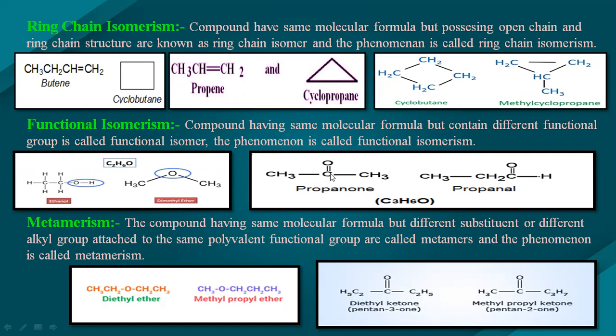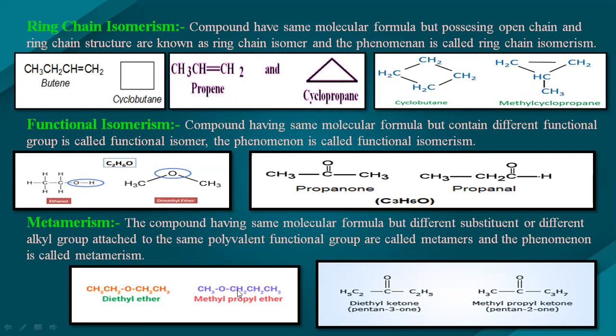Now come to metamerism. What is metamerism? Compounds having the same molecular formula but different substituents or different alkyl groups attached to the same polyvalent functional group are called metamers. At first I will discuss the first example. Suppose an ether group is here, and this ether group contains two ethyl groups on both sides.